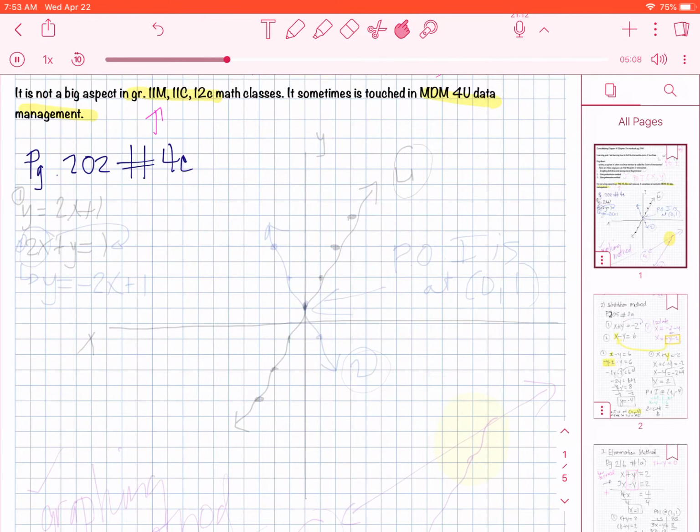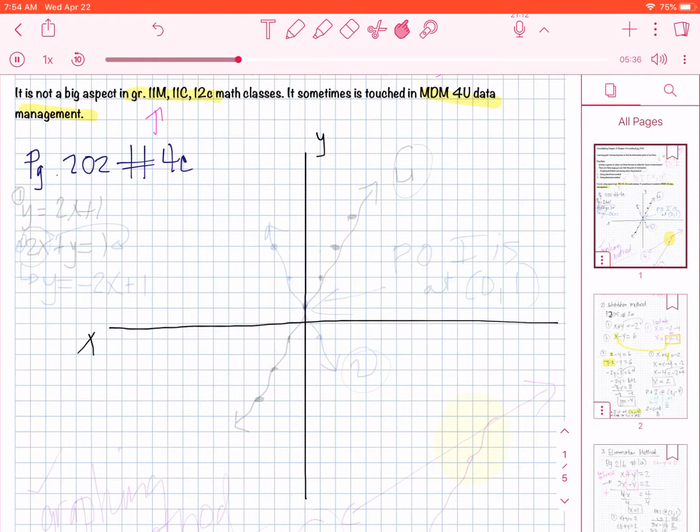First I'll draw a Cartesian plane. I apologize if this line is not the straightest. Let's try again. There we go, that's a little better. That's good enough. So we've got x, and then we've got our y.